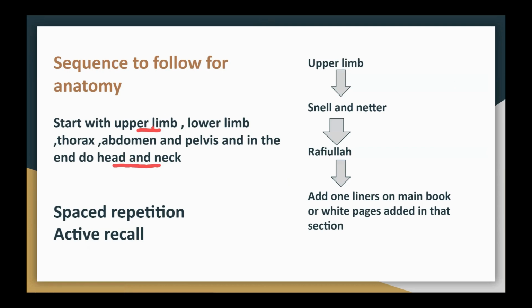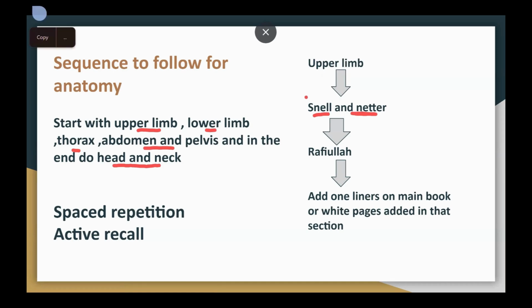So what I did was upper limb, then lower limb, then thorax, abdomen and pelvis, and at the end I added head and neck. You can use this scheme, or you can make your own as well. Now in the upper limb, I would recommend going through all the knowledge that is present in Snell, and the reference book is Netter for the diagrams.